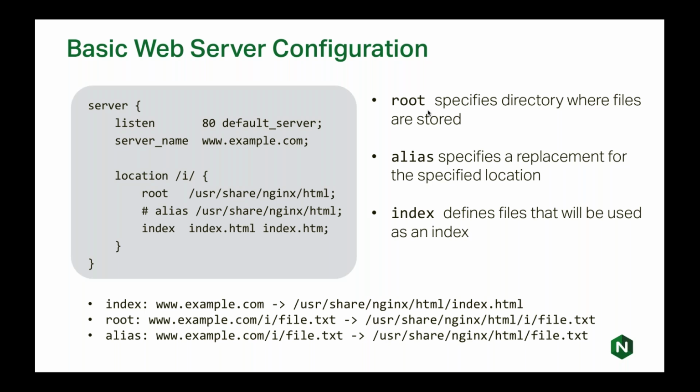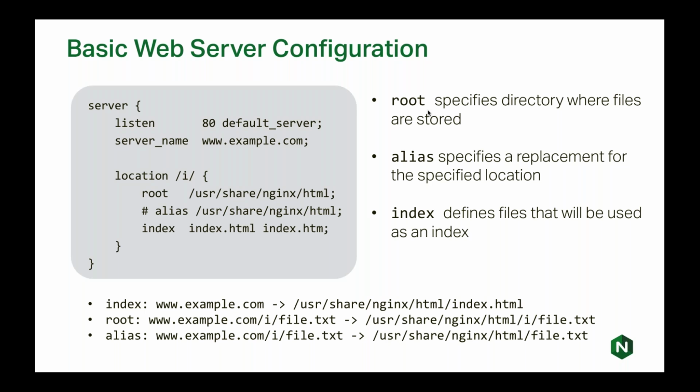But the last thing I want to mention is the index directive. And so the index directive defines files that will be used as the index. So if the user just requests, in this case, www.example.com without specifying a file, then the index directive will come into play. And in this case, NGINX will try to find index.html. And if index.html is not found, then it'll try to find index.htm. And if not, then it'll return an error.